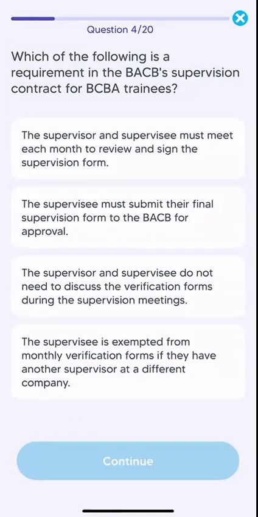No. The supervisee must submit their final supervision form to the BCBA for approval. The supervisor and the supervisee do not need to discuss the verification form during the supervision meeting. The supervisee is exempted from the monthly verification form if they have another supervisor at a different company.